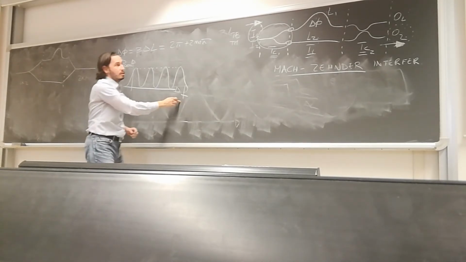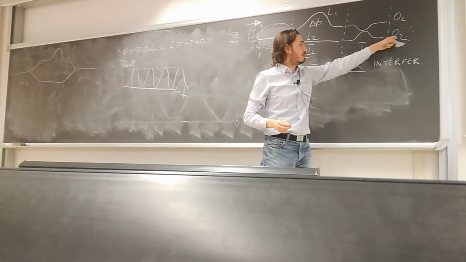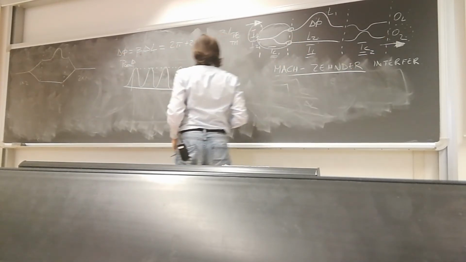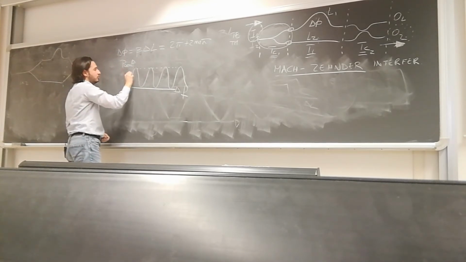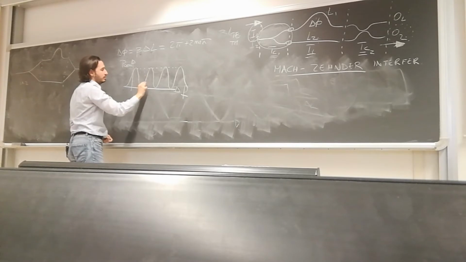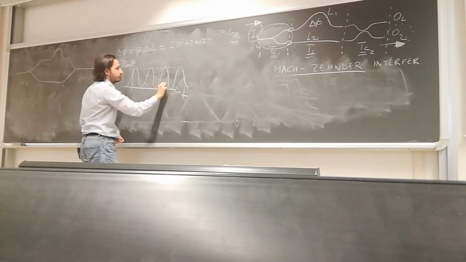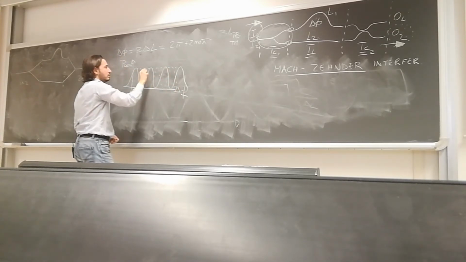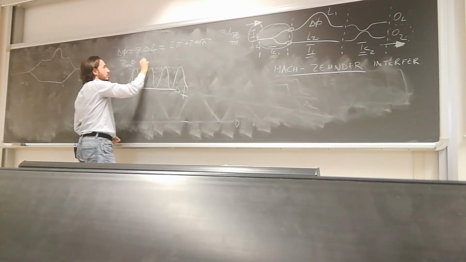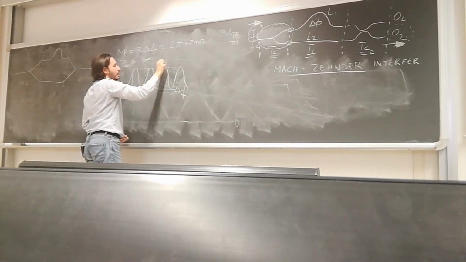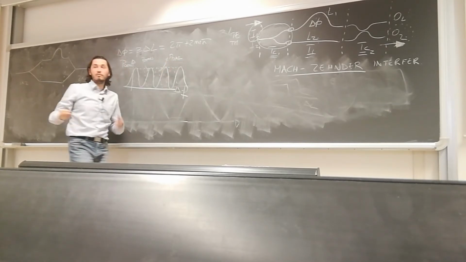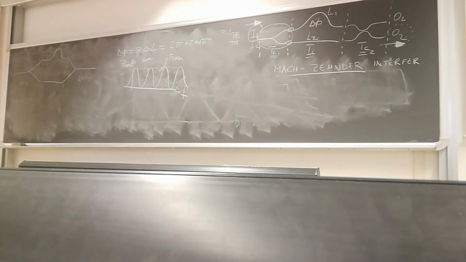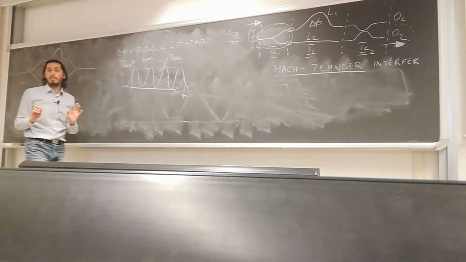So this is the power that goes at this port. The power that goes at the other port, if I have no loss, is just complementary. So the solid line is P cross and the dashed line is P bar. I change the frequency and I swap the power from one port to the other. Okay?